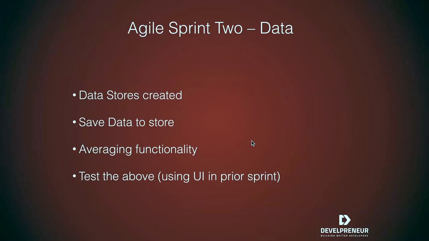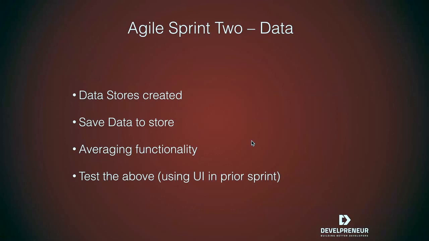Sprint 2, we go in and let's say that focuses on data. So now that we have this rough couple of pages, knowing what we know, we're going to build out the data stores, however that is, create the database or file structures. Maybe we've got a little bit of time, we're going to put some code in to actually allow users to enter data and save it into that store.